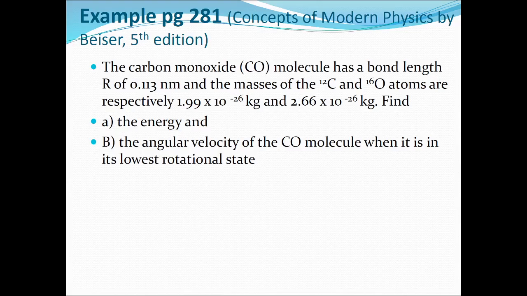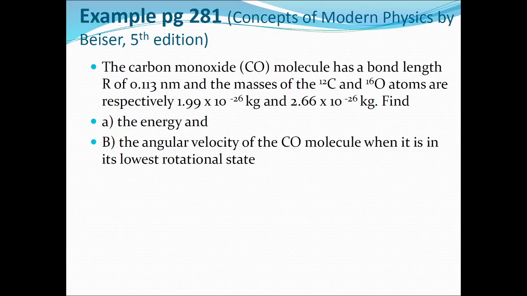The carbon monoxide CO molecule has a bond length R of 0.113 nanometer, and the masses of the carbon and oxygen atoms are respectively 1.99 times 10 power of negative 26 kilogram, and 2.66 times 10 power of negative 26 kilogram. So find the energy. The first question, find the energy, and the second one, the angular velocity.